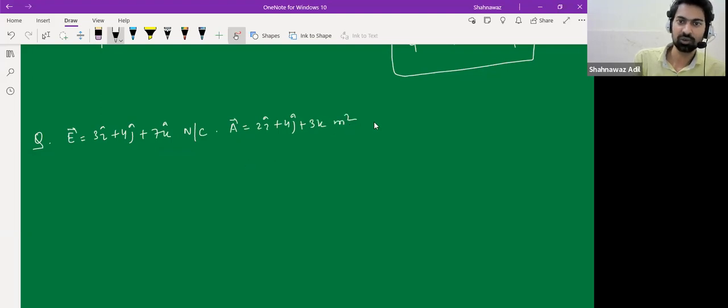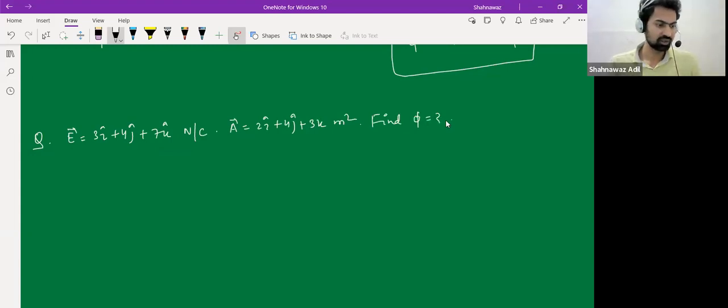Find the electric flux. We are talking about electric flux; then you have magnetic flux. You guys find that and tell me.